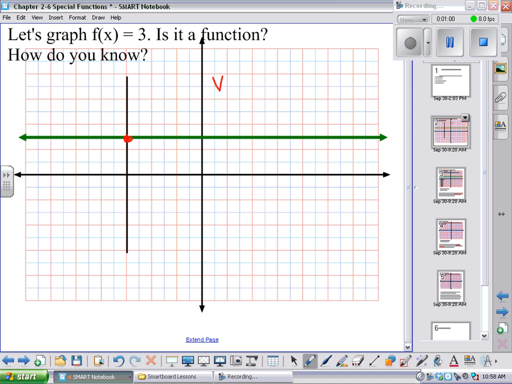So yes, it is a function because it passes the vertical line test.